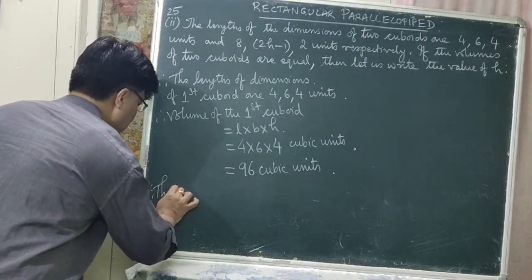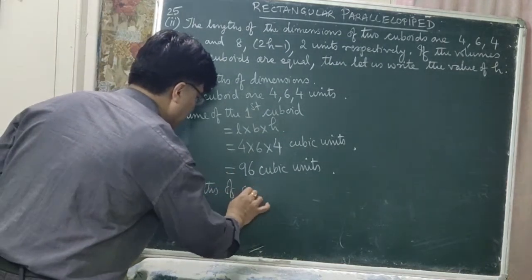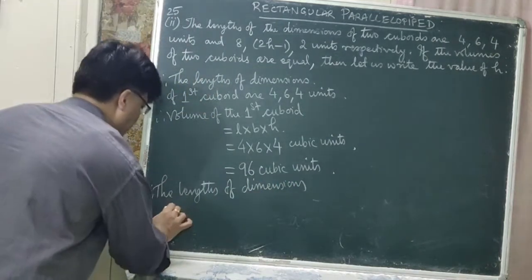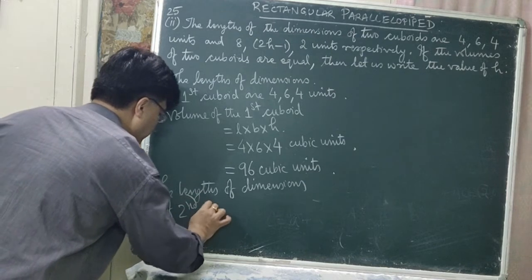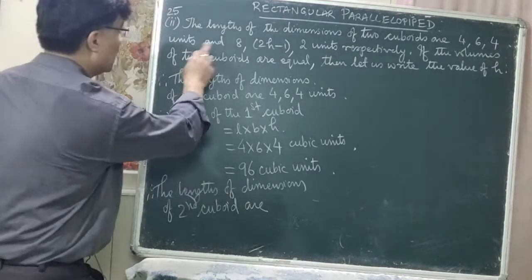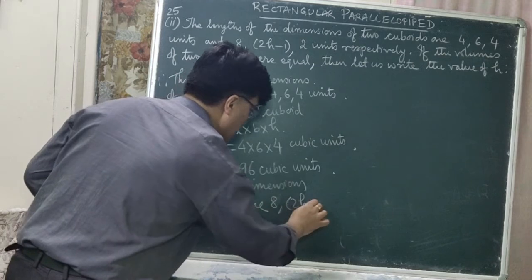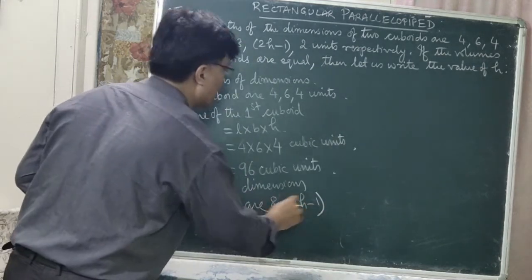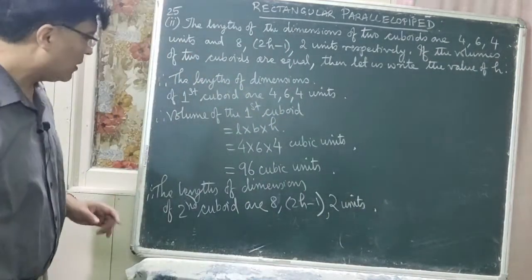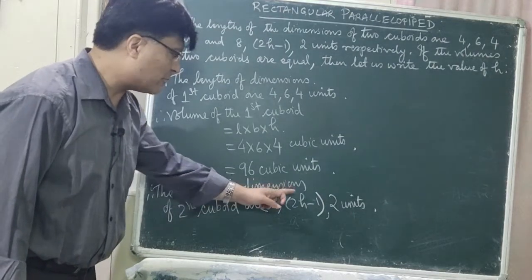Therefore the lengths of dimensions of the second cuboid are, it is given 8, 2h minus 1, 2 units.